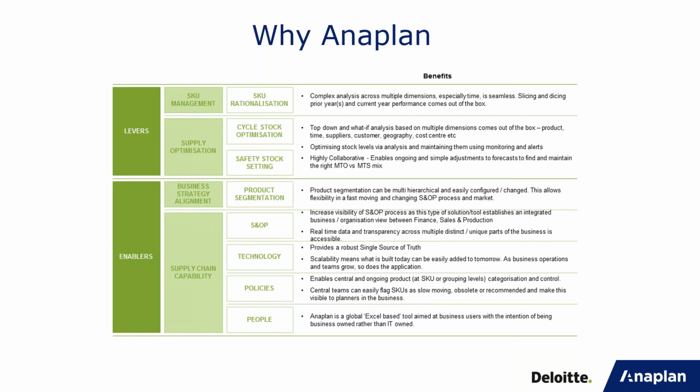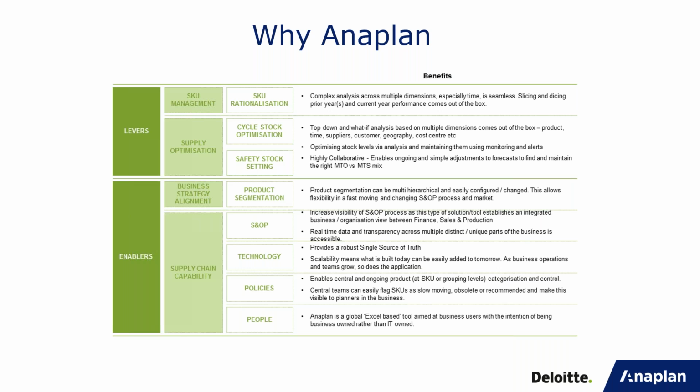Around some of the enablers, the app that we've built really allows you to get a good view into your business. So, business strategy alignment: what are the products or product lines aligned to our company's strategy that we're prioritizing, new ones maybe that we're launching, and being able to segment products.